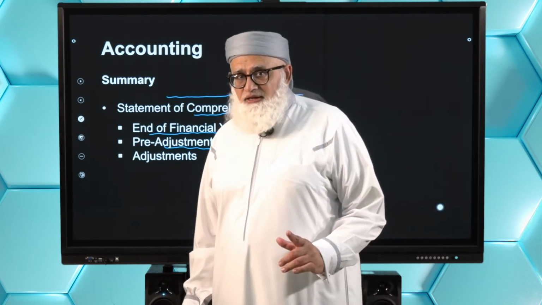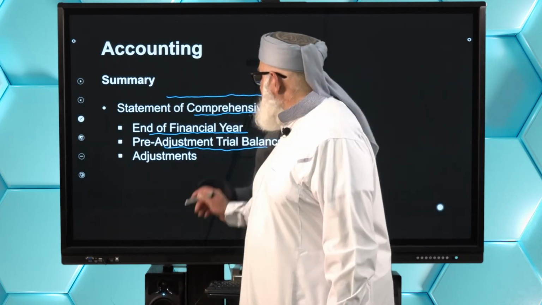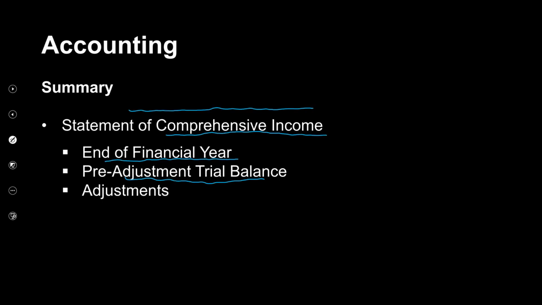And thereafter, before we even move on to our adjustments, what are we going to look for? Any of the reversals that have not been done. Okay? So even before we come to our adjustments, look for any reversals that have not been done, and thereafter, obviously, you go in and do your adjustments.